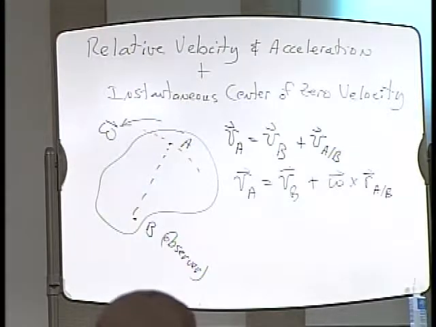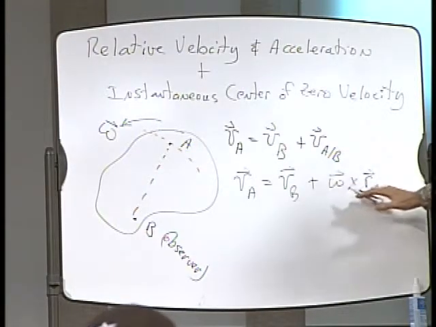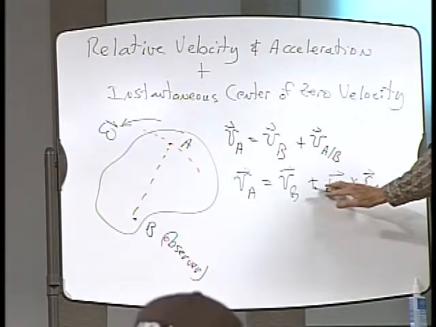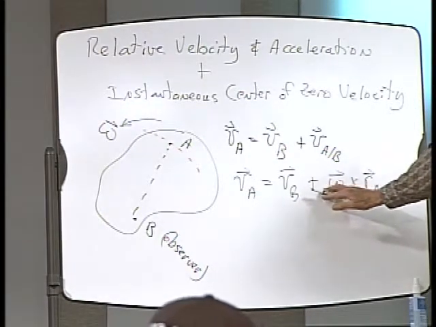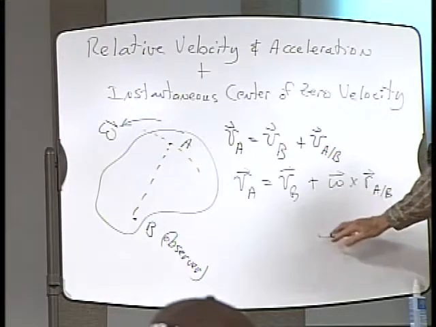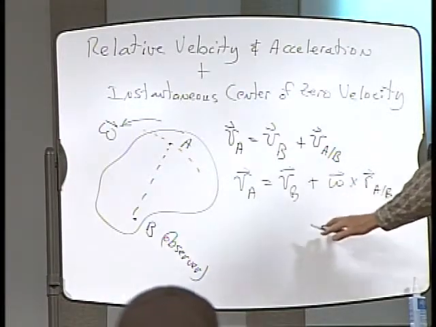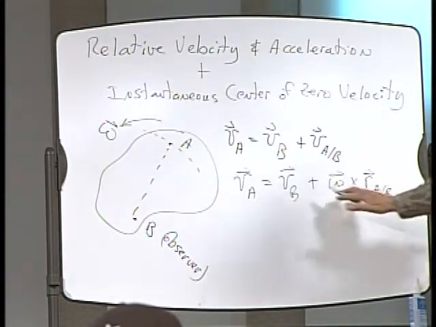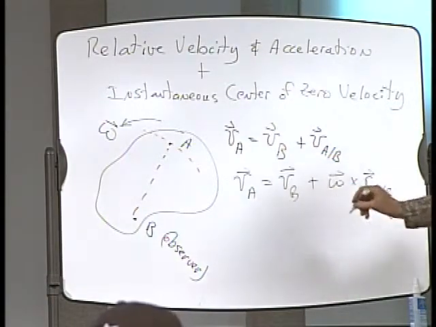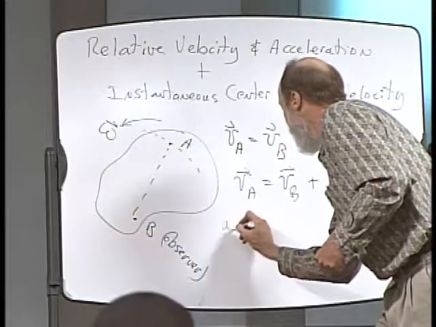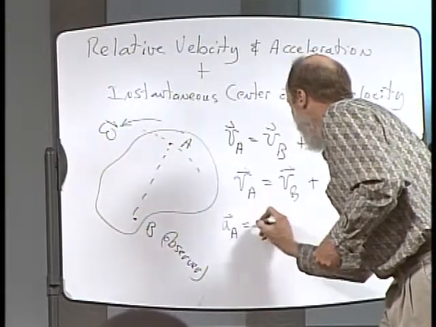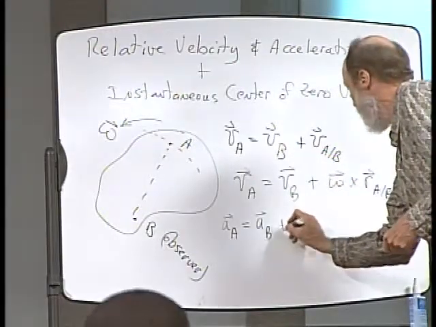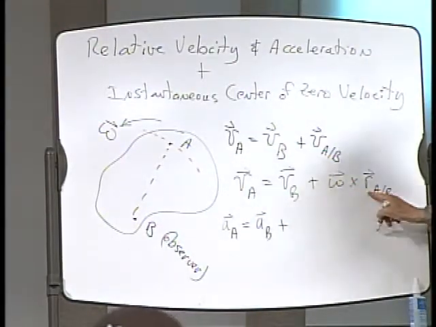Now, just to summarize where we went just on the theory without doing any practical problems with it, is we then differentiated this last class session. And we came up with the acceleration. And so without going back through the derivation of it, it's relatively straightforward that the acceleration of A has to be equal to whatever the acceleration of B might be, plus then the time derivative of this cross product.